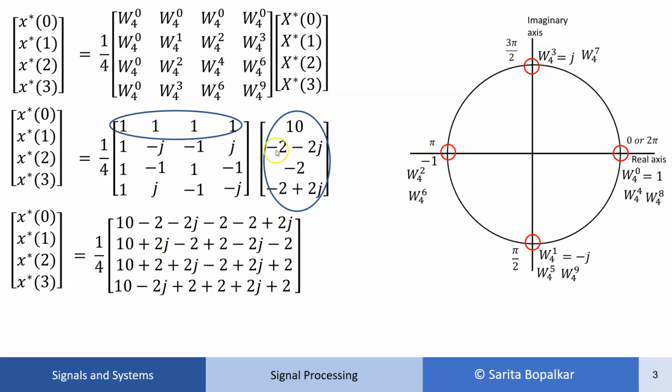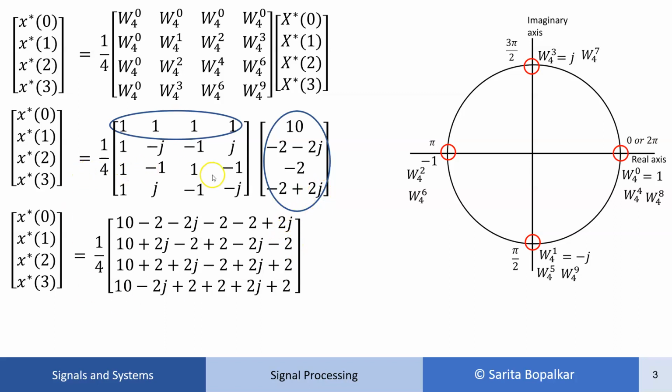Like this, minus 1 multiplied with minus 2 is plus 2. Then j multiplied with minus 2 plus 2j square: minus 2 into j is minus 2j, and 2j into j is 2j square. So plus 2j square, j square is minus 1, that's why it is minus 2.